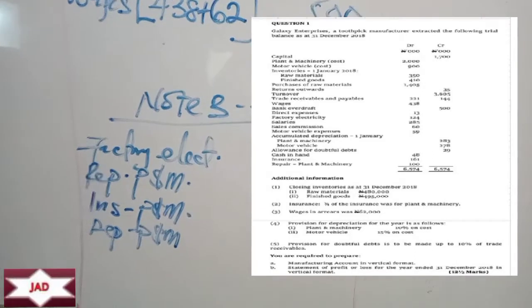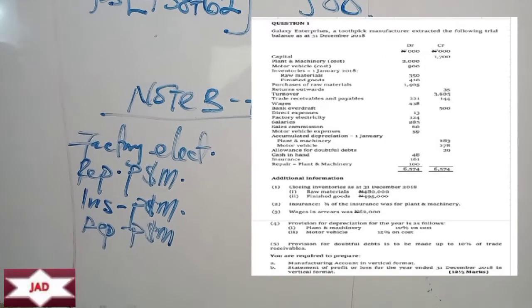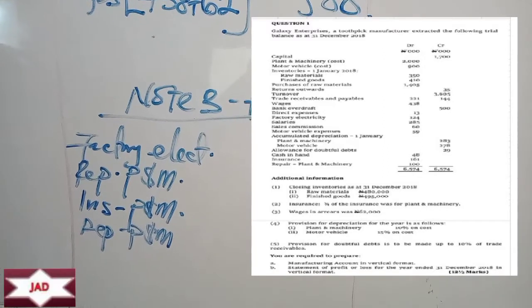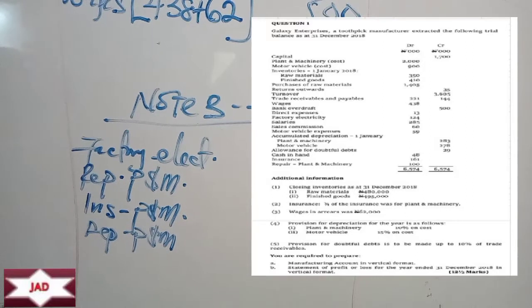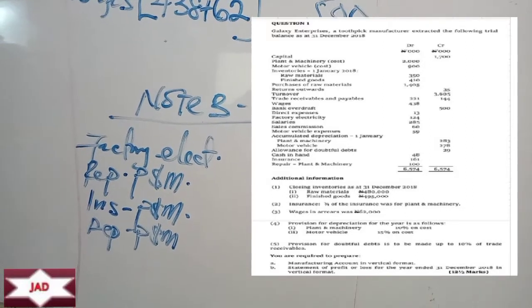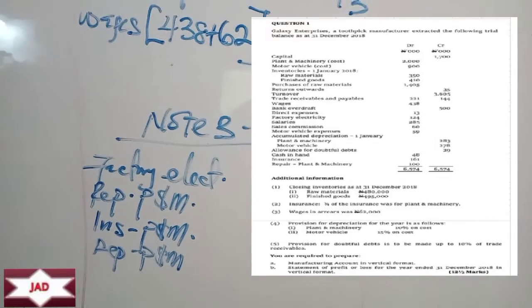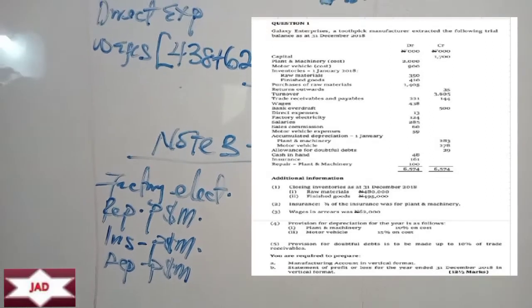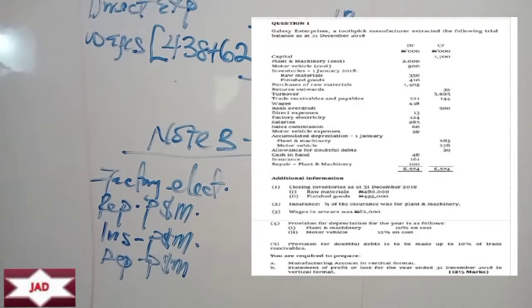For plant and machinery, go to additional information. Plant and machinery depreciation is 10% on cost. So what's the cost? I can see it in the trial balance there. Plant and machinery at cost is 2,000.